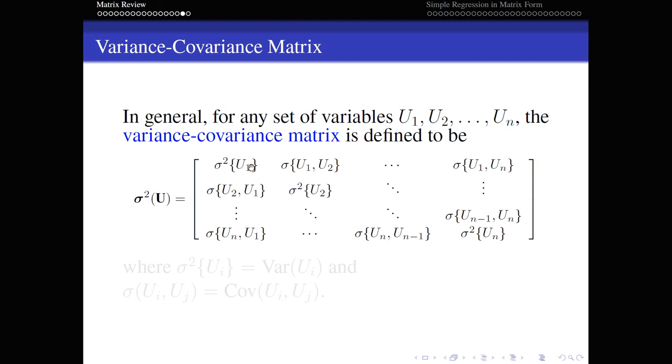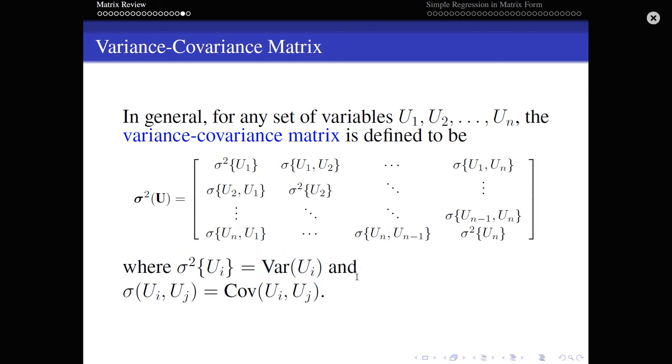So the sigma squared of mu1 is the variability of the first observation. Sigma squared of mu2 is the variability of the second observation, and then all the way down. So the diagonal elements are the variances of each of these different random variables, so the variances of each of our observations.